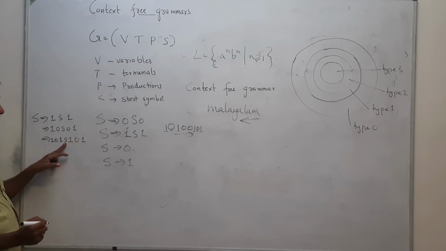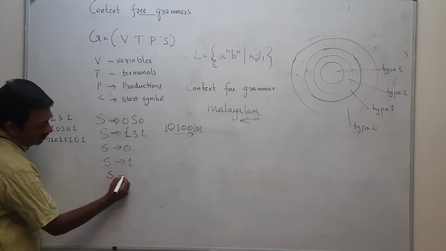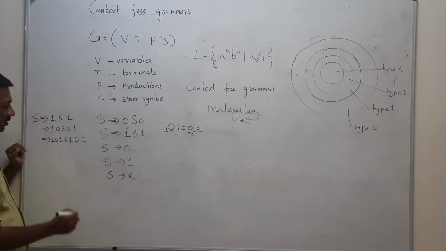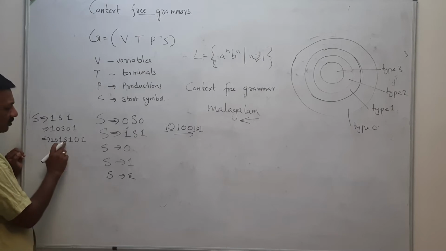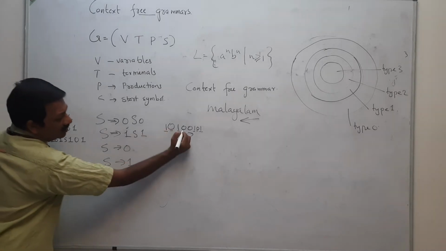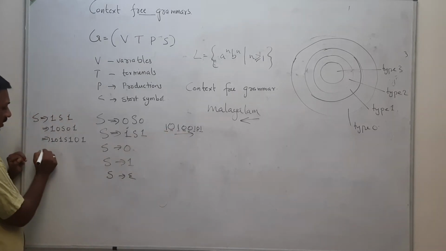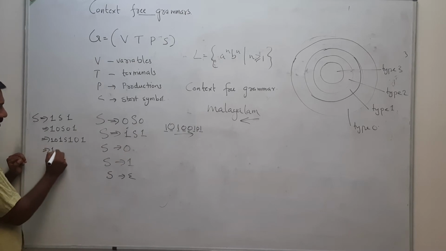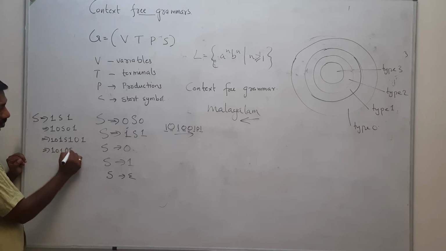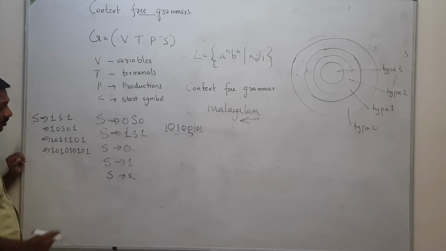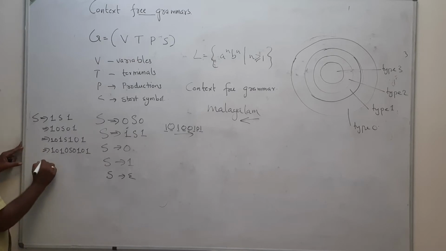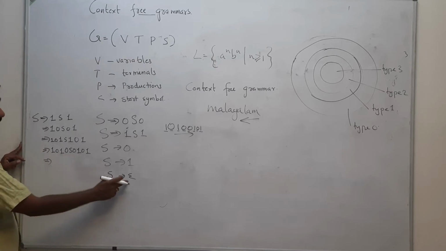Now I am going to have another production also, S derives epsilon. Now from this S you have to generate 0 and 0. That means 1, 0, 1. Yes, I am going to generate 0 S 0 and 1, 0, 1. Okay. Now from this you are going to replace this S with epsilon.